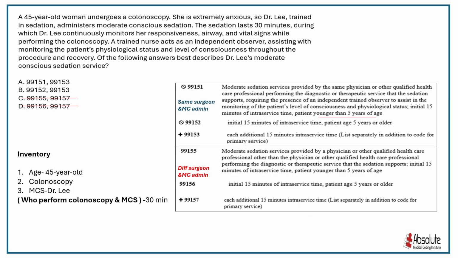So option A, coding for 99151, that is for moderate sedation provided by the same physician who performed the procedure as well. And that is for patient of age younger than 5 years of age. Okay, and 99152 is also for a moderate sedation provided by the same physician who also performed the procedure.